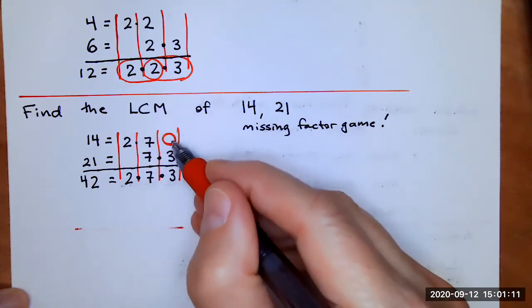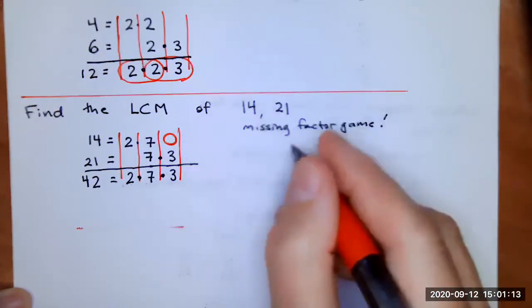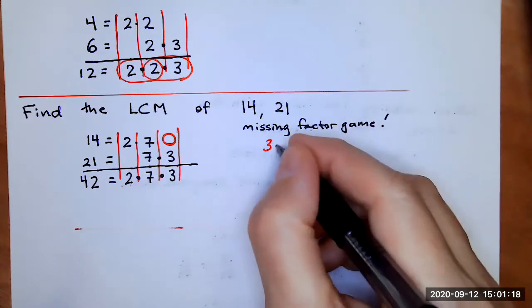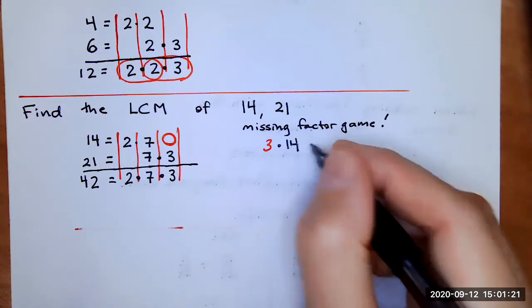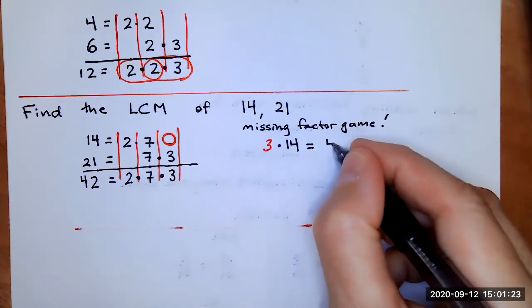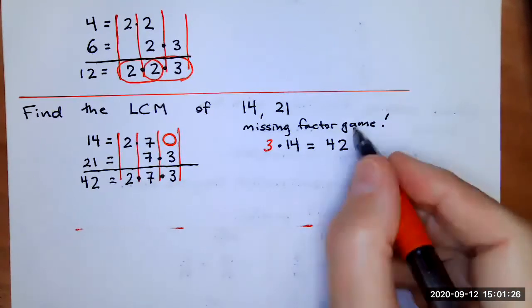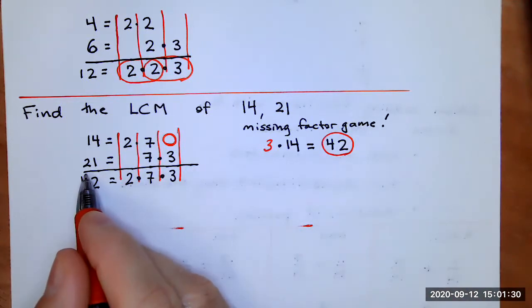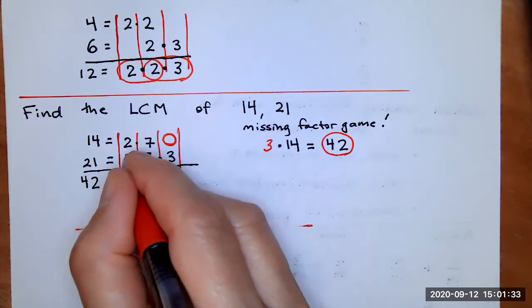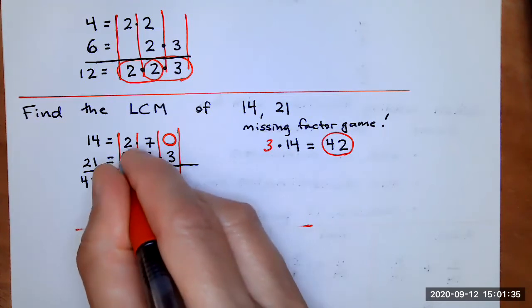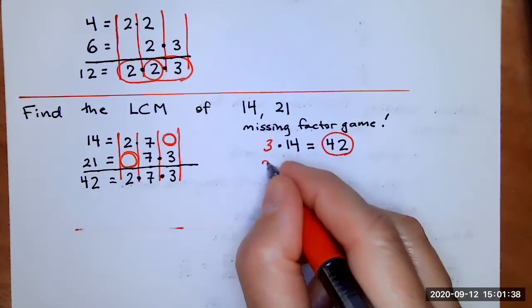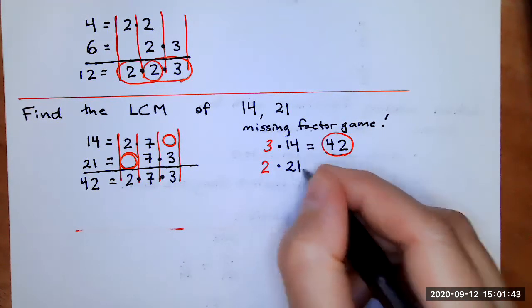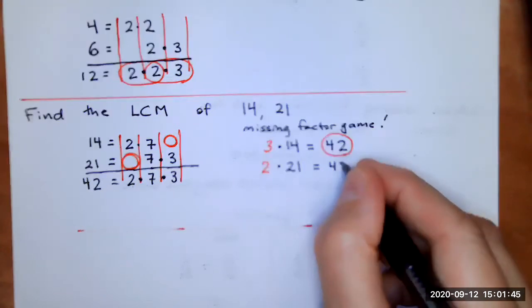Well, there's no number here in the 3 column, so 3 is the missing factor. Well, what is 3 times 14? That's 42. So that's how we're going to make our LCM. What's 21 missing? Well, there's a number missing in the 2 column. So 2 is the missing factor. That's how we get 42.